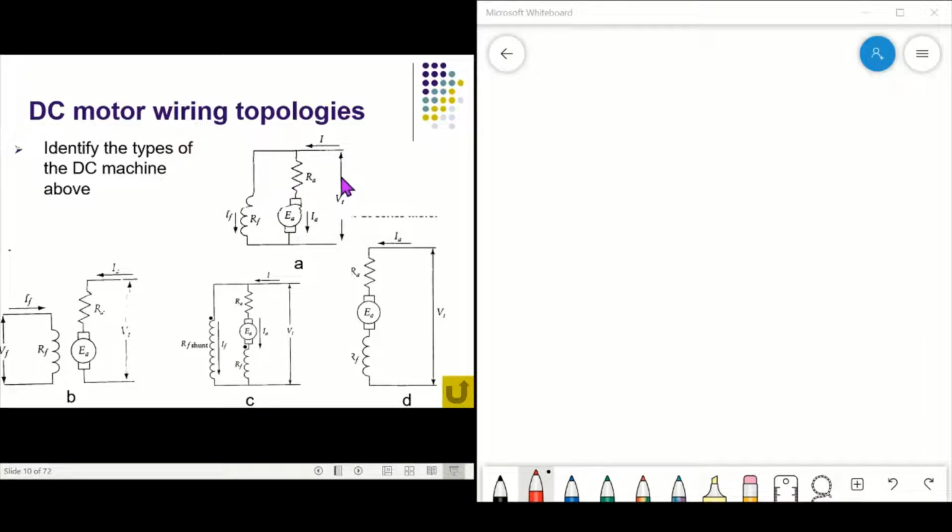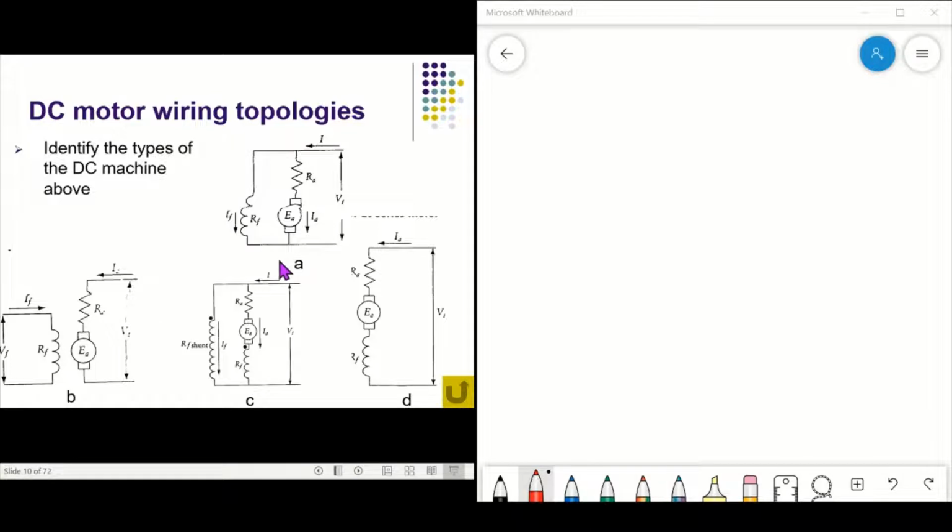VT is the terminal voltage or line voltage, and RF represents the field winding. Here we also have I line and IF, which is the field current.